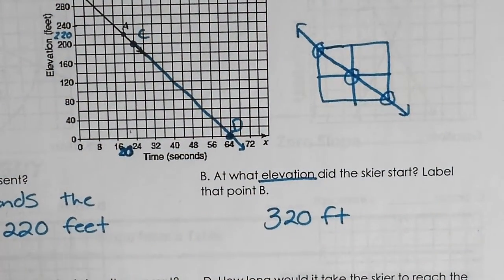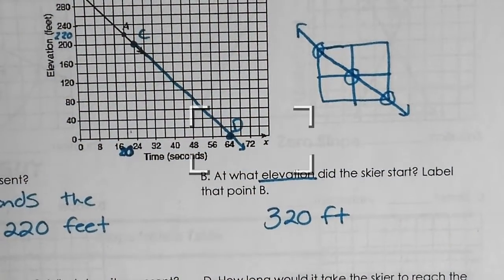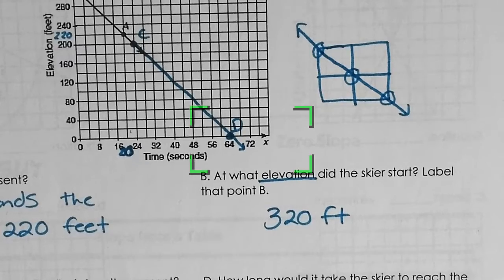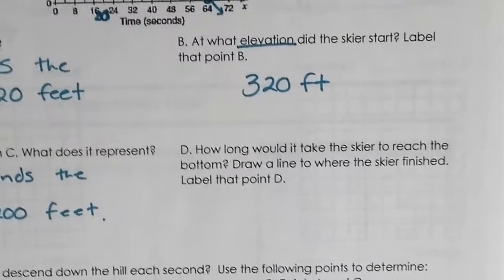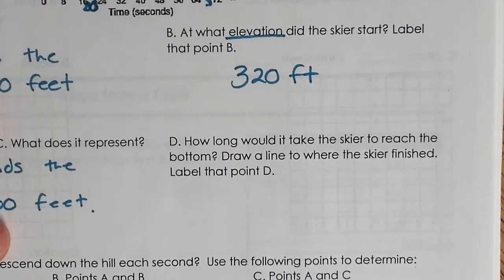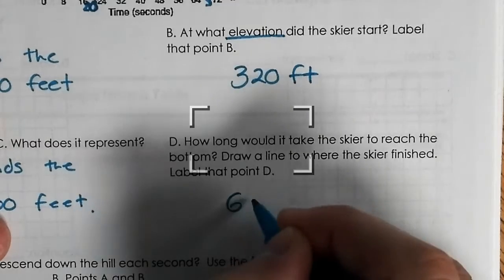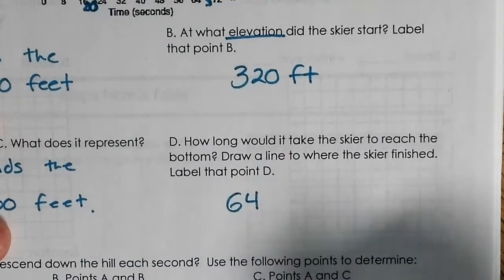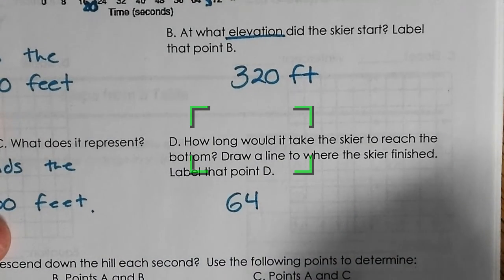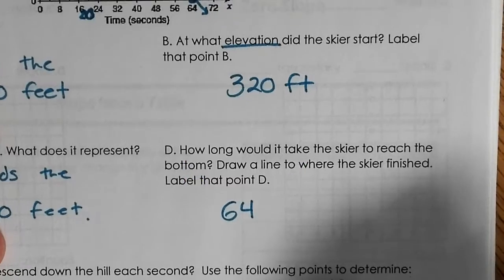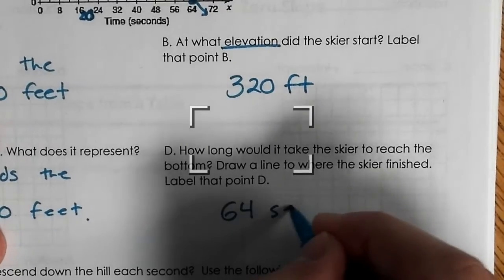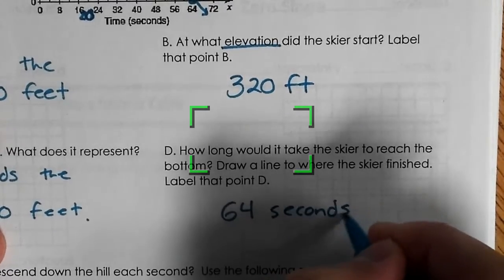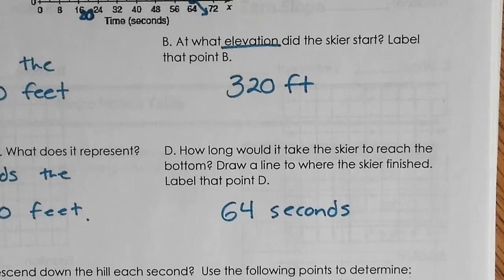If you can look at the graph and notice where it's crossing those points, that's going to help us out finding the slope. But to answer the question, how long did it take the skier to reach the bottom? We would say 64. Is this minutes, seconds, hours? Seconds. Yeah, good work.